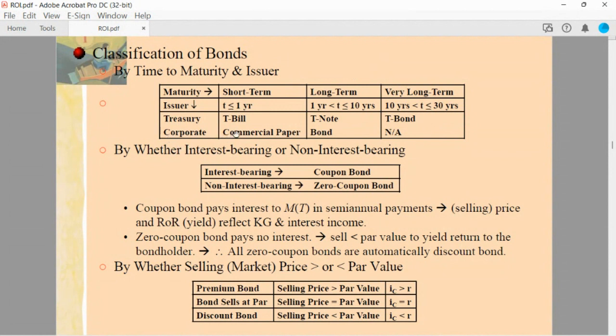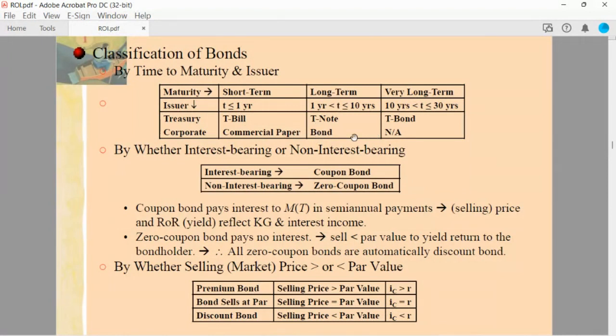Companies borrow from the bond market by selling bonds. Short-term corporate debt is called commercial paper, and long-term is called bond. The distinction between long-term and very long-term is meaningless in corporate bonds. It's just long-term, because corporate bonds don't have this type of distinction in name.